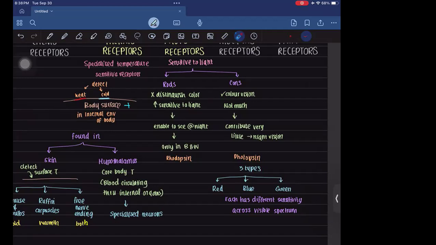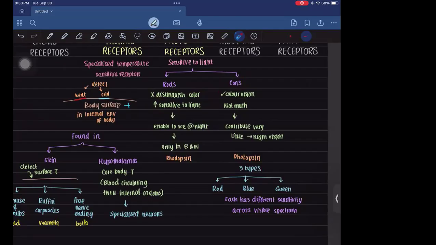On the other hand, cones are the ones which provide color vision. You can see the screen in these beautiful colors because of cones. Cones are the photoreceptors responsible for color vision. Then the next difference is that rods are highly sensitive to light, which means if there is a little bit of light, you will be able to see because of the presence of rods.